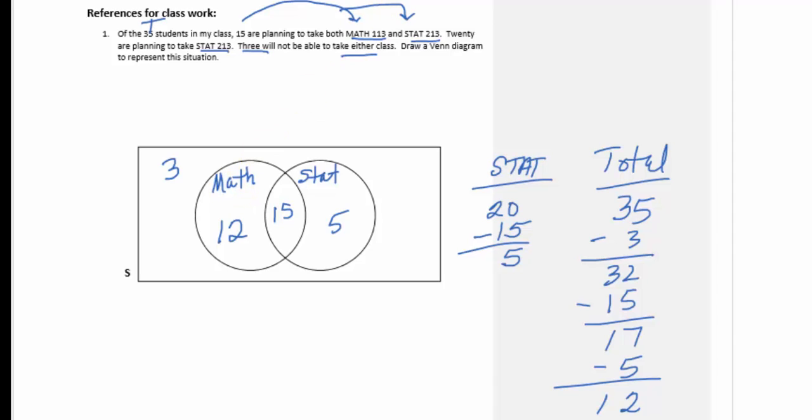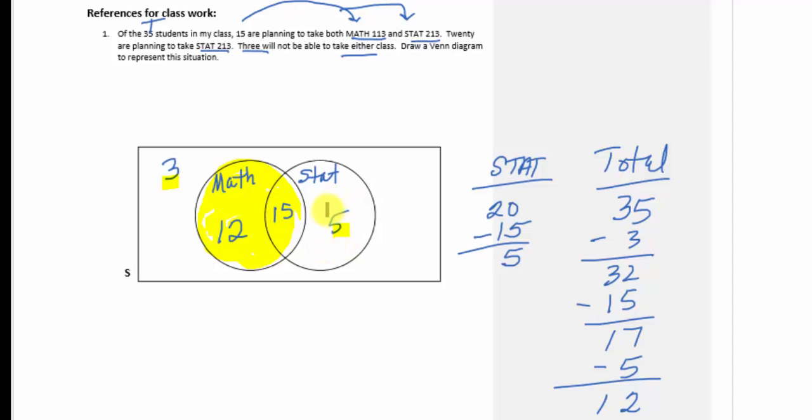So if we look at the event for math, I'll just highlight this event. And that way it's more clear as to which numbers are involved, 12 and 15. So any number that's not in the event for math is the complement of math. So we can see those numbers would be 3 and 5. So we have 8 out of the 35 students that would represent the complement of the event math.